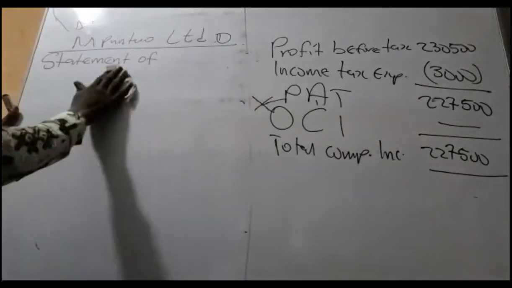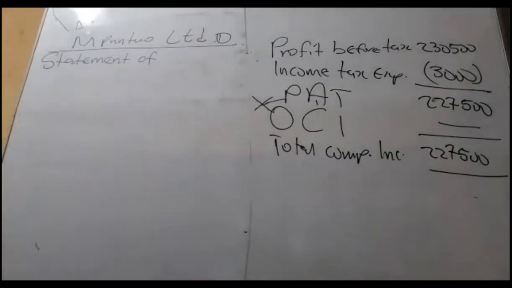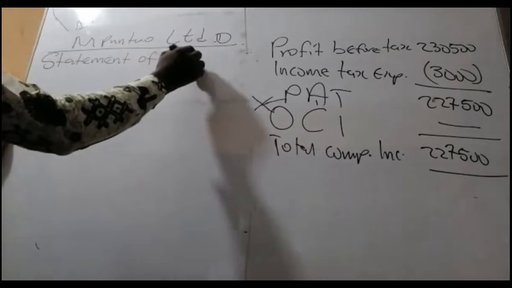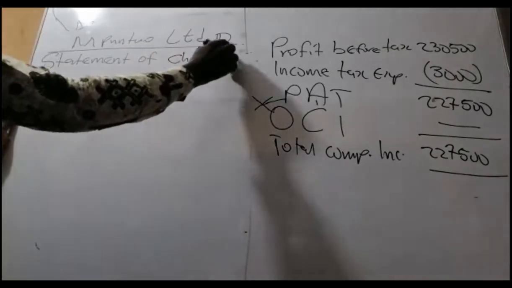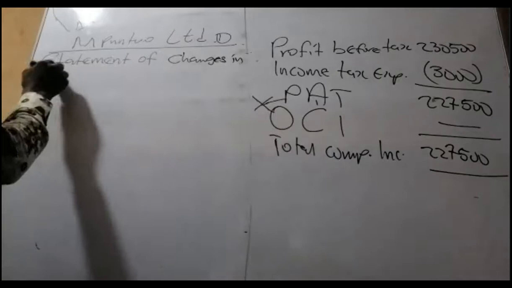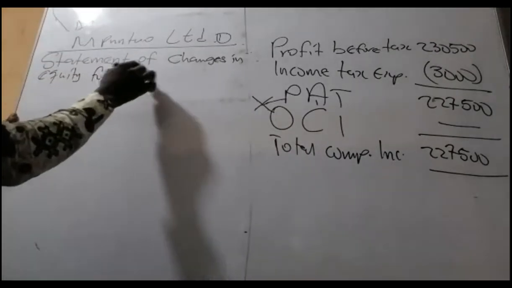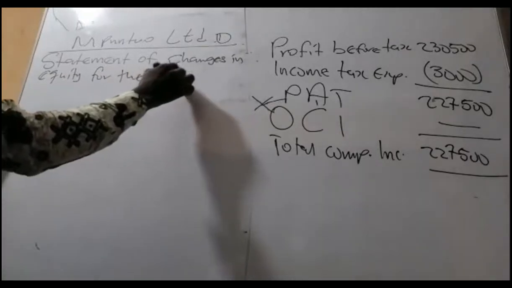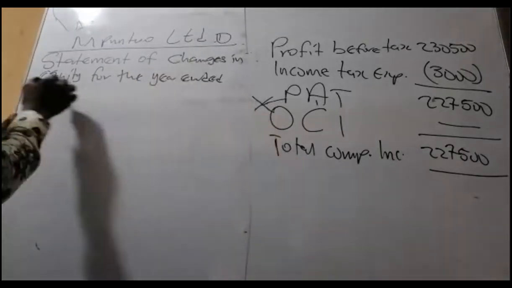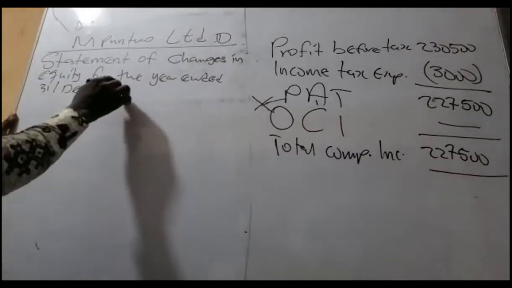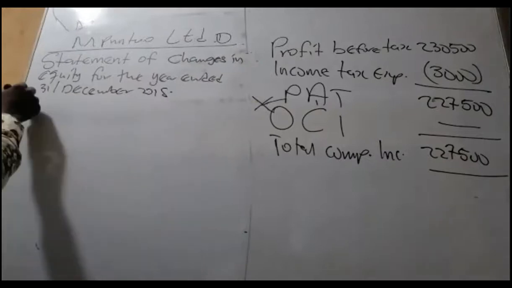Now for the changes in equity, the three protocols must be there. So first, the company name, limited. Second, statement of changes in equity for the year ended 31st December 2018.